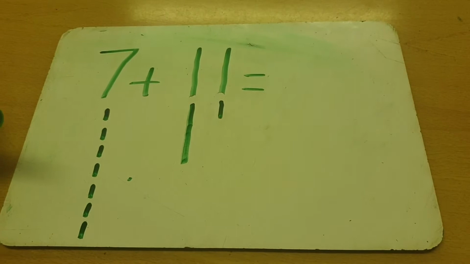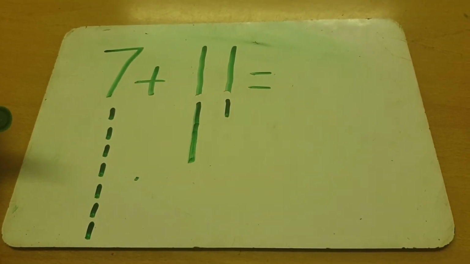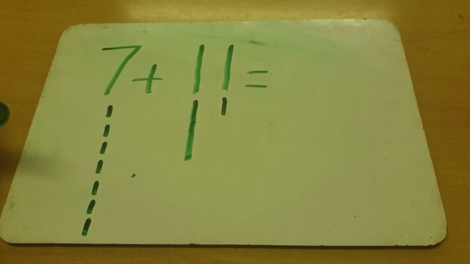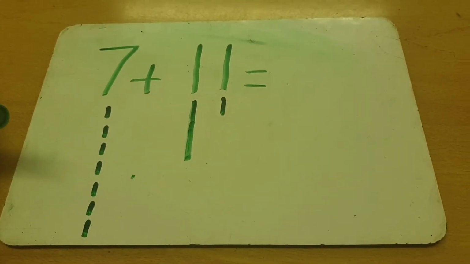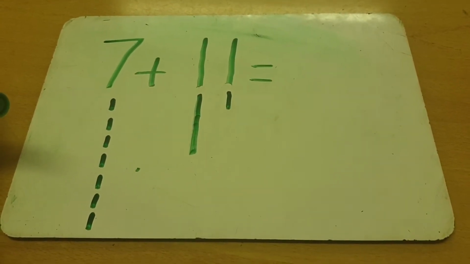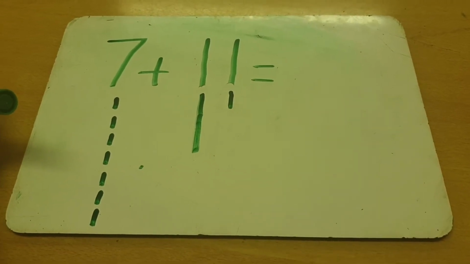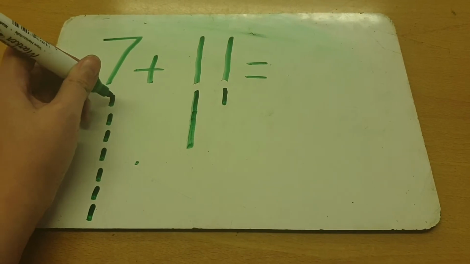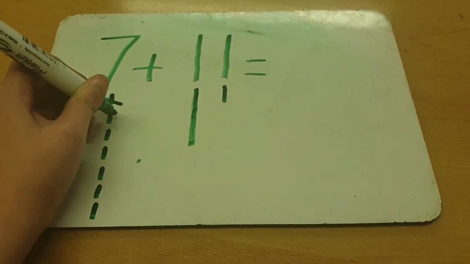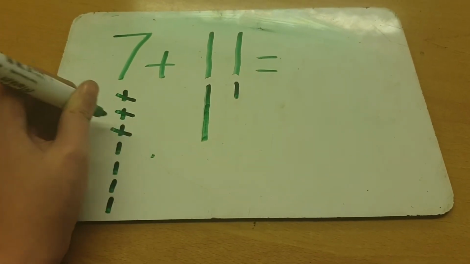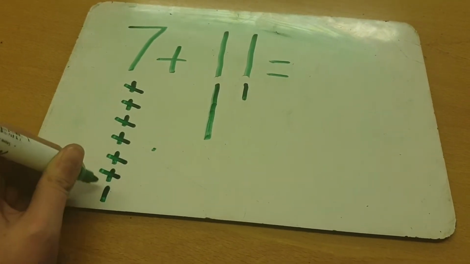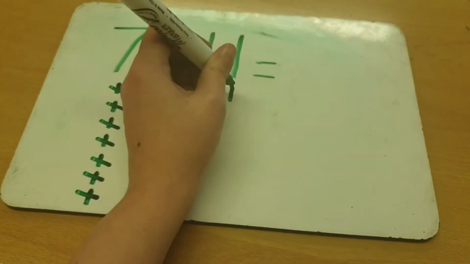Okay, so who can tell me now what we've got to do? Brilliant. We have got to add our ones together first because we always work with the ones first. Are you ready? Let's cross them off each time we count one. 1, 2, 3, 4, 5, 6, 7, and 8.